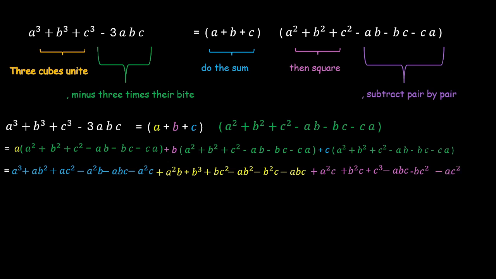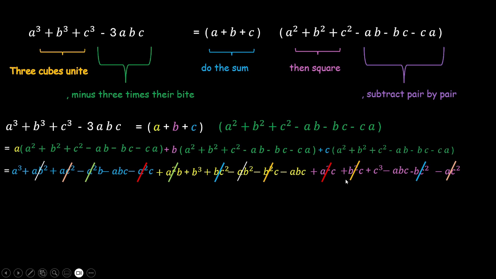I'll just see that there are so many terms which will just cancel out. We have a positive ab square and a negative ab square, positive ac square and negative ac square, negative a square b and a positive a square b, then negative a square c and positive a square c, positive and negative bc square, again positive and negative b square c.